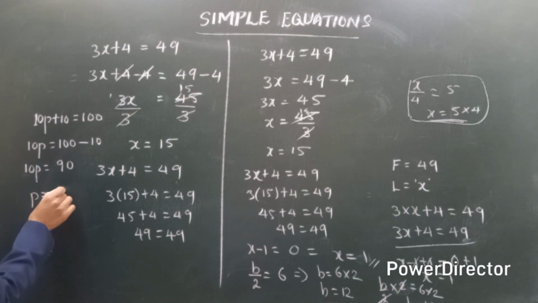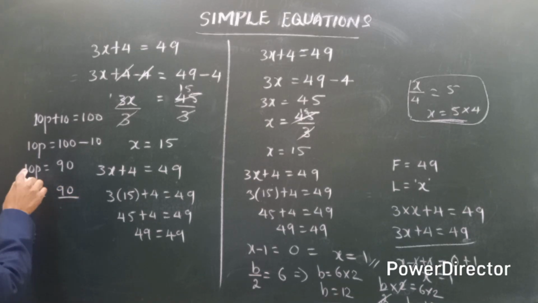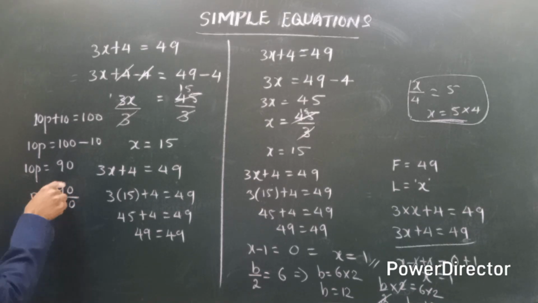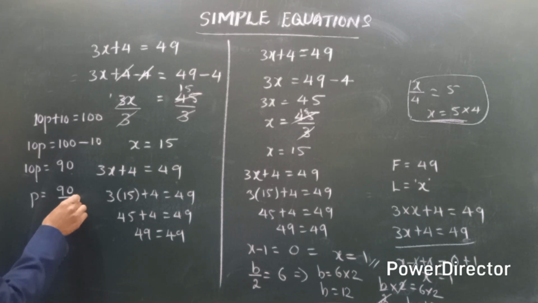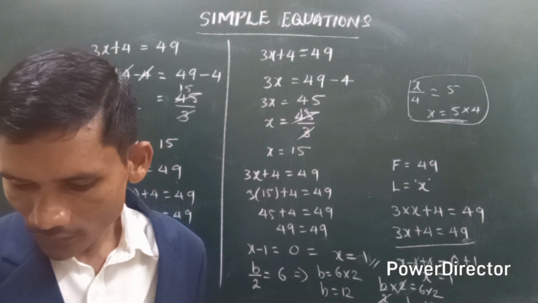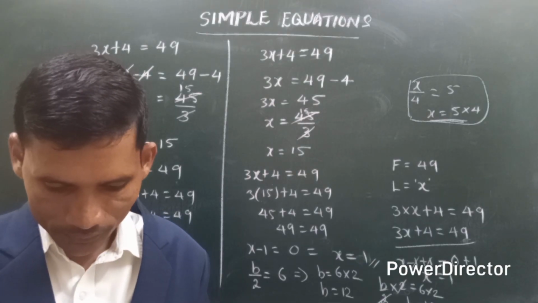This becomes 90 divided by 10. So what happens? P is equal to 9. Right? 0 and 0 get cancelled. Otherwise, 10 nines are 90. So P is equal to 9 is the value. This is how you can solve any type of problem.